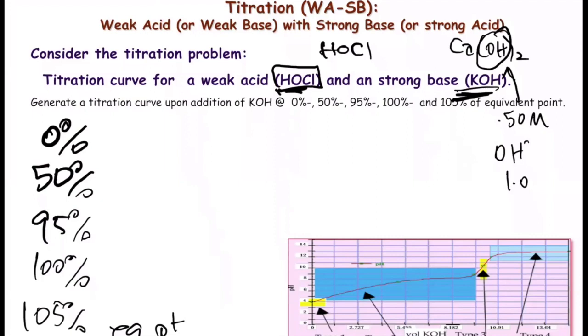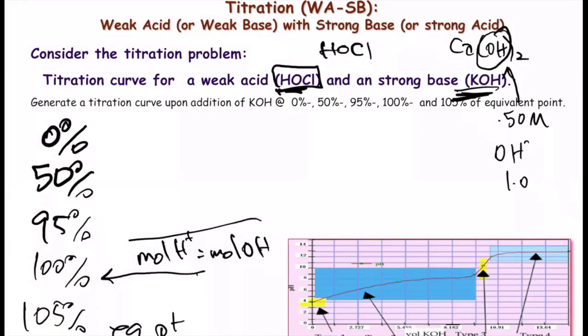What you need to do is calculate the 100% equivalence point. That's because at 100%, the moles of the acid is equal to the moles of the base. You can calculate this by math, and then you just multiply the 100% volume by 0.95, by 0.5, by 1.05 to get the appropriate volume for those percentages.